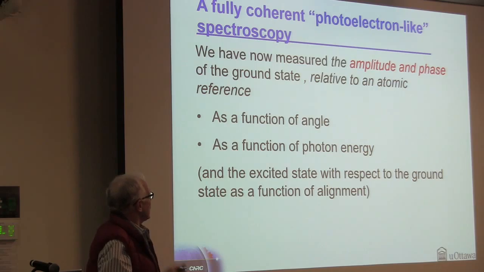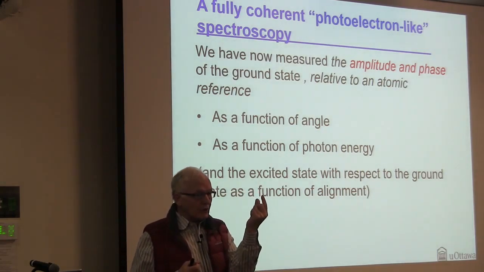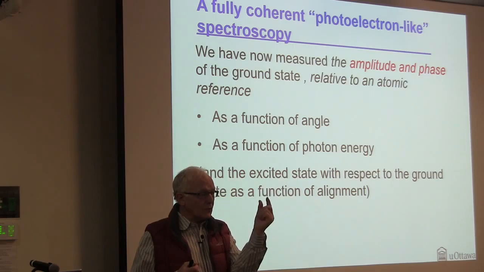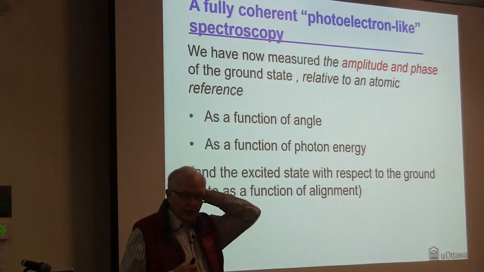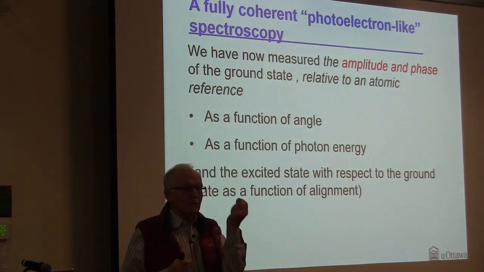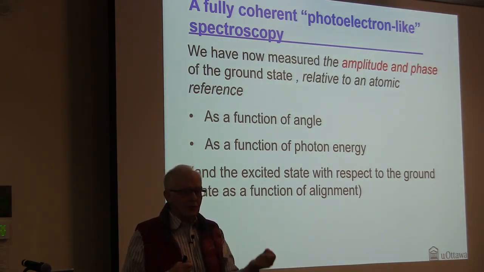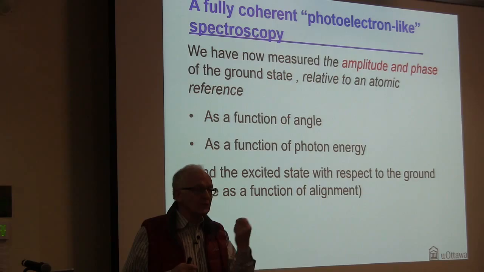So we have a fully coherent spectroscopy. And since then, we've extended it further. We now measure the amplitude and phase of the ground state of the molecule as a function of angle. And so we have now everything referenced to one fixed state of just one fixed atom.